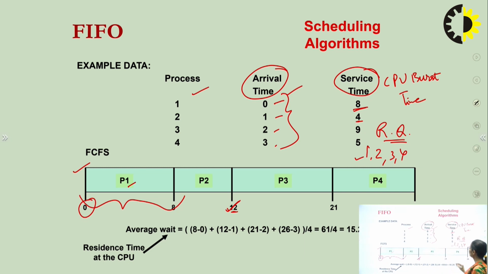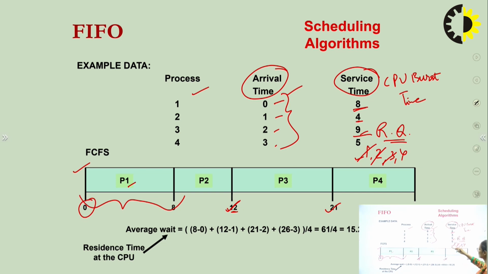Then P3, as 1 has finished and 2 has finished. Now comes process 3, its service time is 9. So when the processor leaves it, the time is going to be 21.